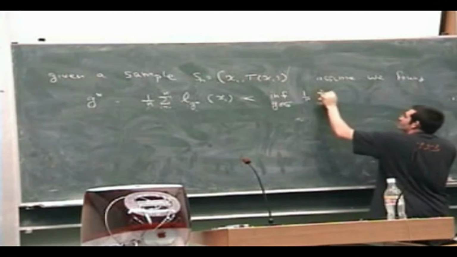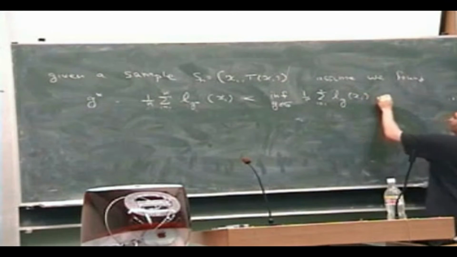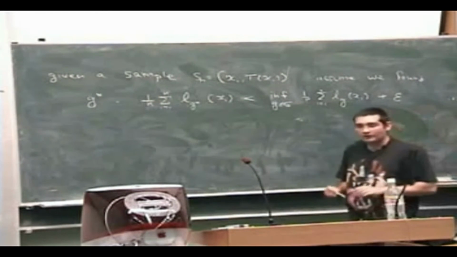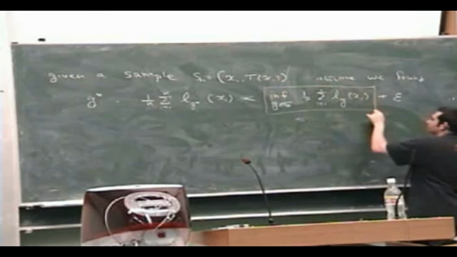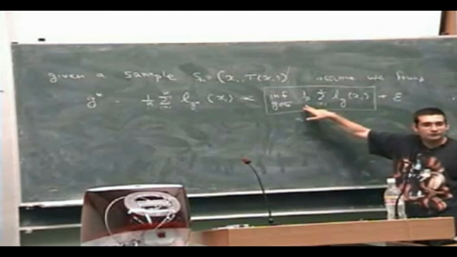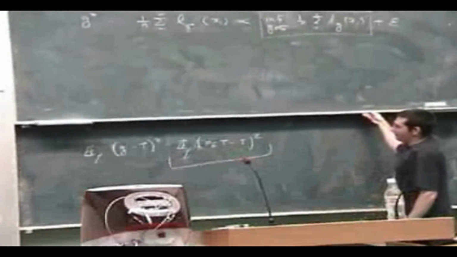Okay? So using this algorithmic thing, finding an empirical minimizer, I was able to construct a function which has an empirical loss smaller than epsilon. What I would like to show is that this means that the true loss of the function is smaller than epsilon.